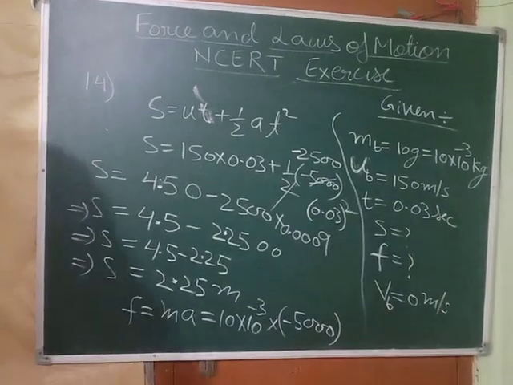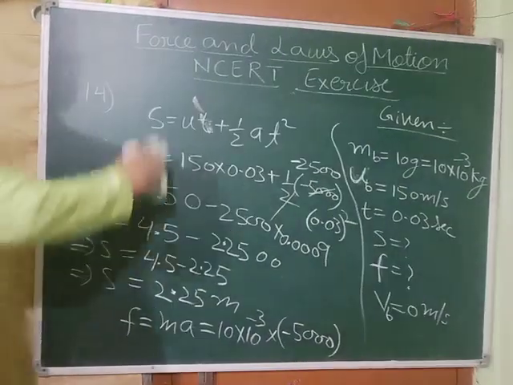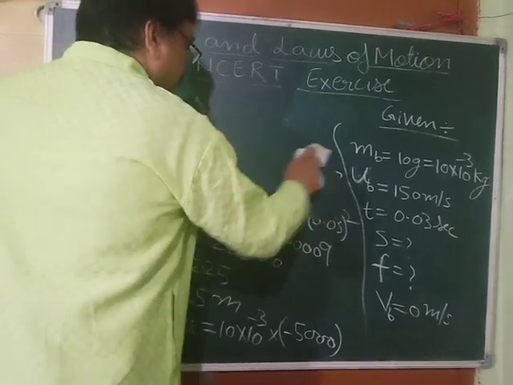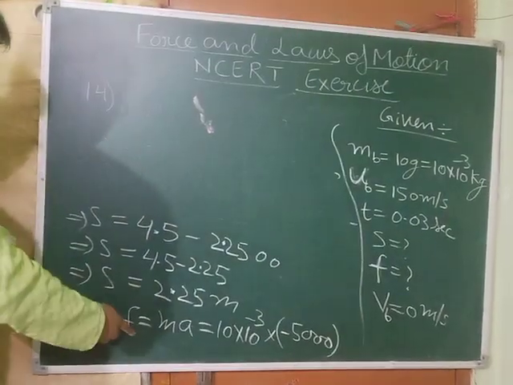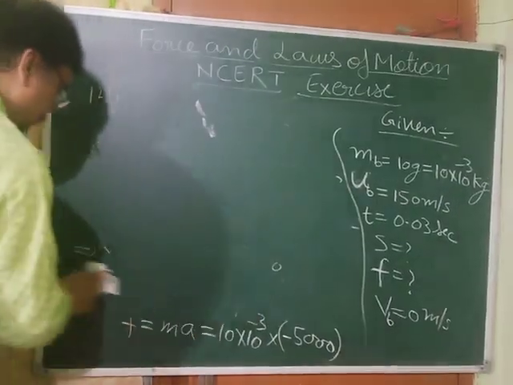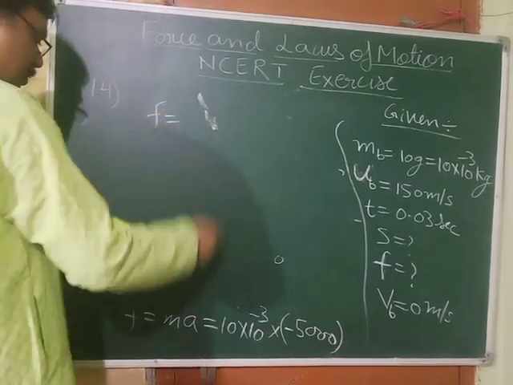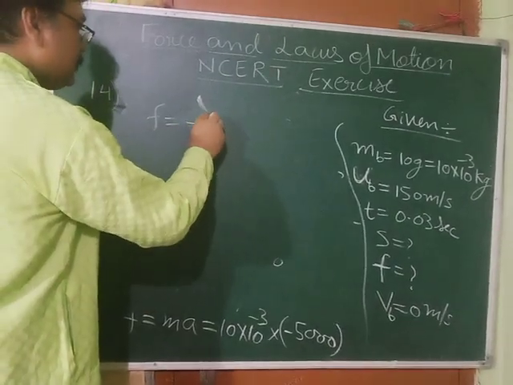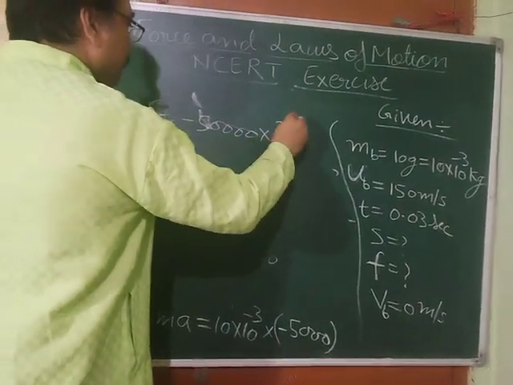Okay. Please note down. Done? Okay. After this, what we will get? I'm going to remove this total. Only last 5 minutes. So F is equal to minus 50,000 into 10 to the power minus 3.